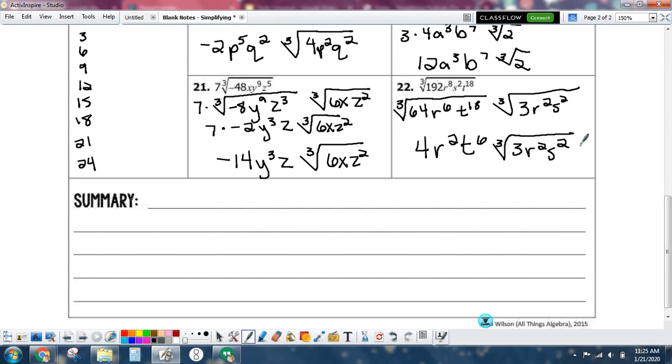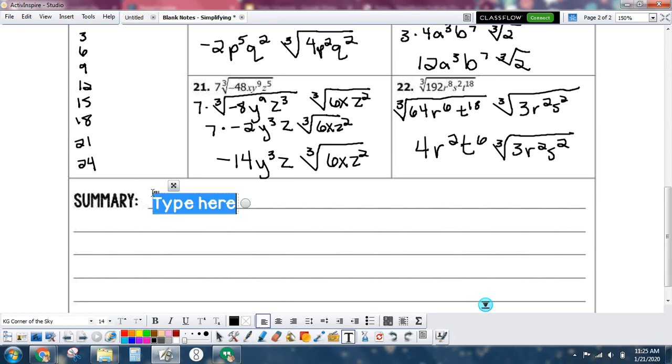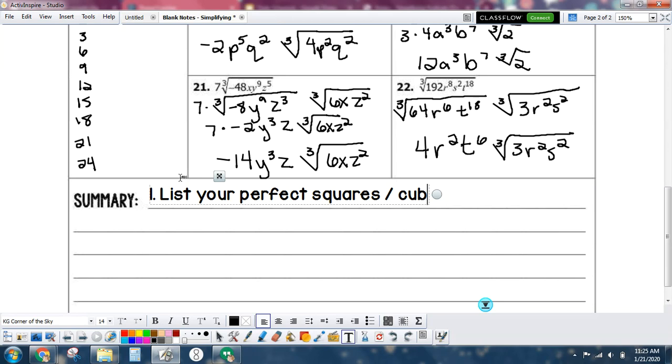So for the summary, what I want you to go ahead and write is the steps basically that we're following to do this. So the first thing you want to do is list your perfect squares or cubes. Okay, so list all of those out.